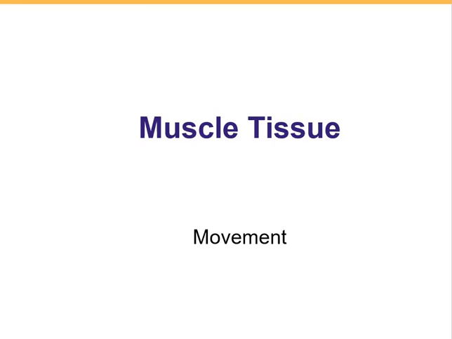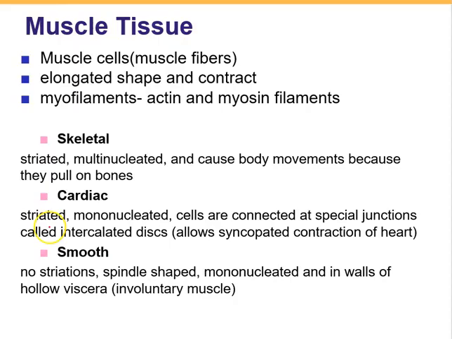This contraction allows muscle to generate force and produce movement. So as we know, tissue means cells working together to perform a function, and muscle tissue is composed of muscle cells or muscle fibers.